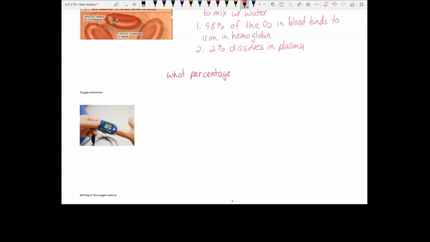And this is in arterial blood. Okay, normal is 98%.